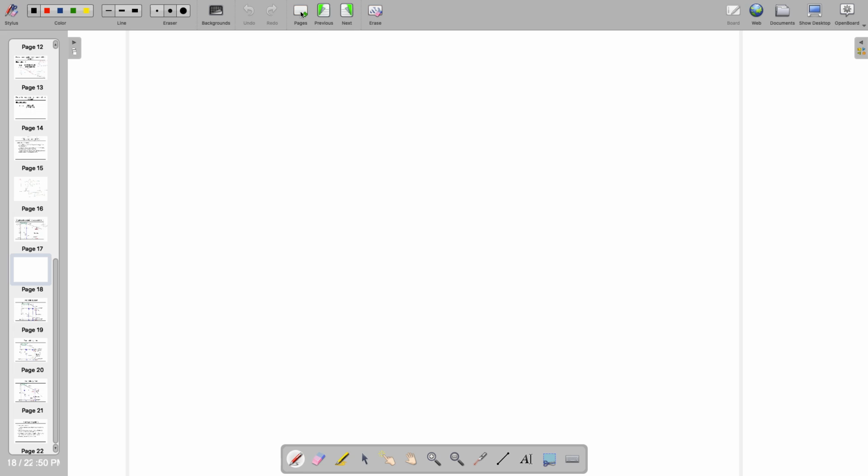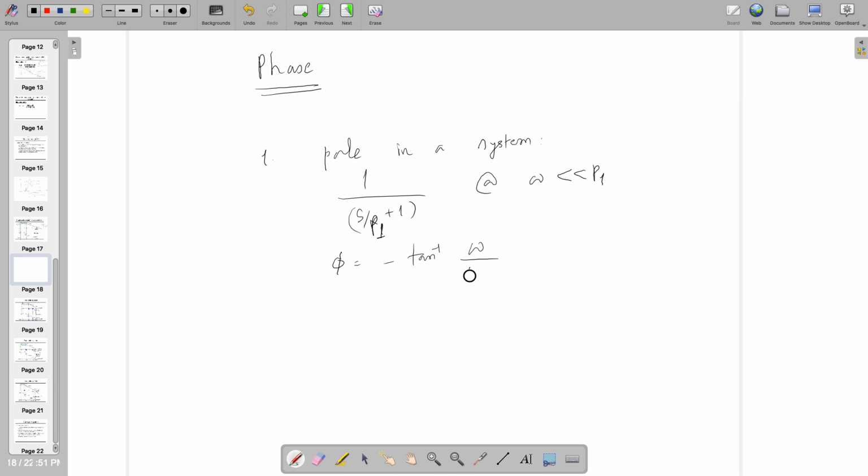So according to the theory of phase, if there is a pole in a system which looks like this one, you can see here that at omega much lower than p1, the phase is actually 0 degree.